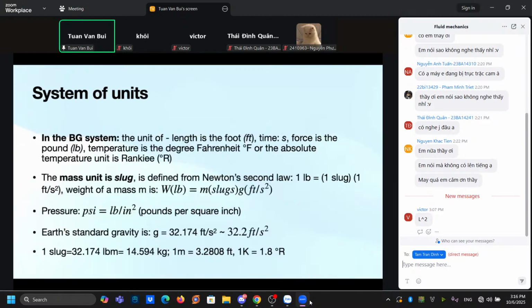And in the British gravitational system, the BG system, the unit of length is the foot and time is seconds, the same.